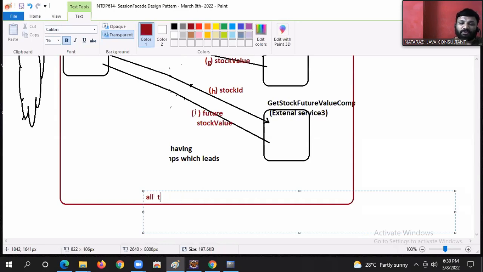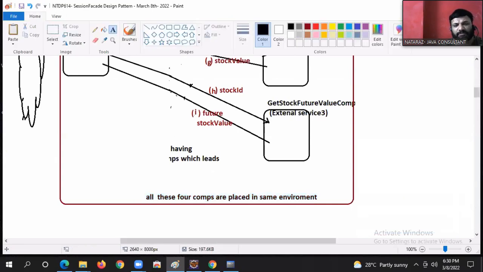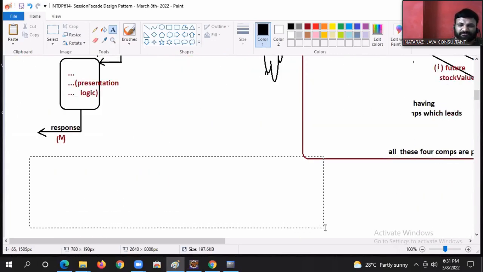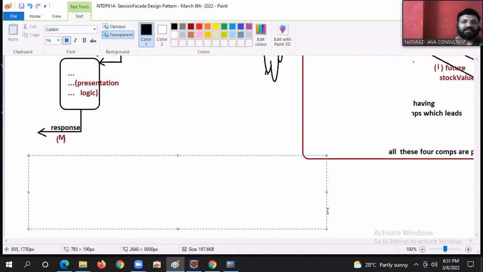All these four components are placed in the same environment. I hope you got the clarity, guys. Yes, guys. Okay. Shall we go on now?